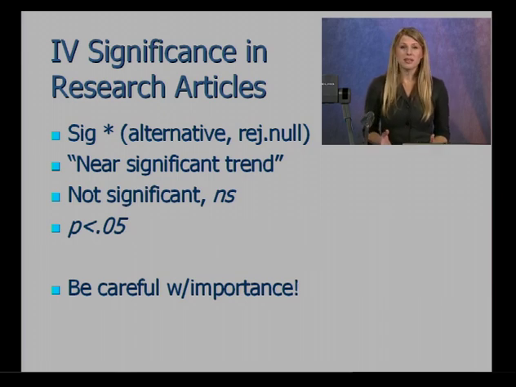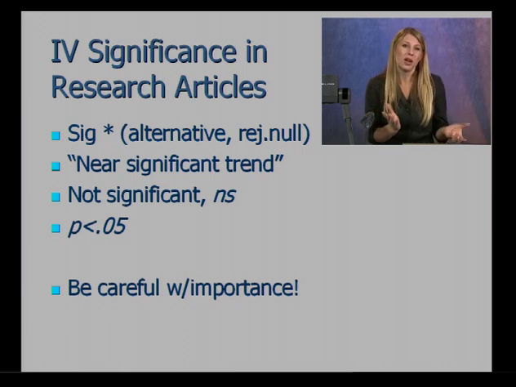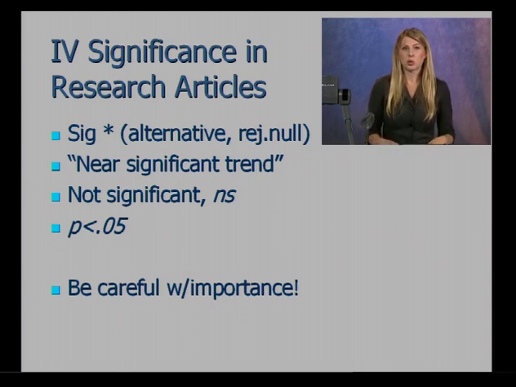Now, it doesn't mean that whatever effect you found was a huge effect. You can have something that's significant. We could find that video games do change your scores. They decrease your scores on a test, but they only decrease scores by 0.5 point. That's not that big of a deal. Or you could find video games do decrease your scores and they decrease your scores by 20%.